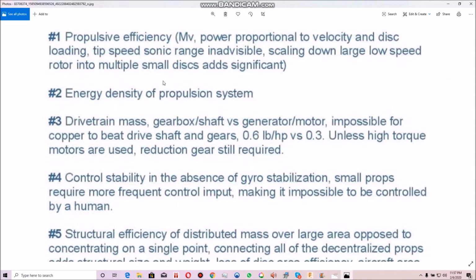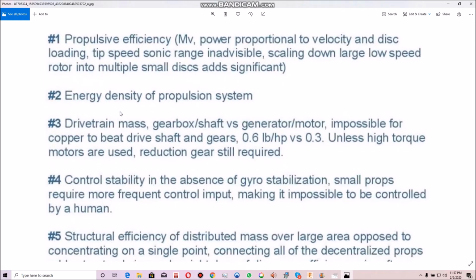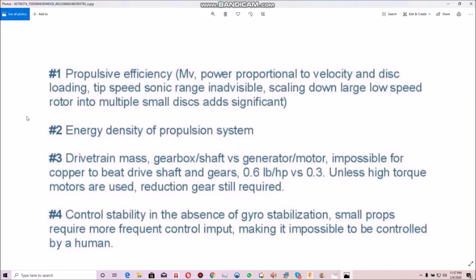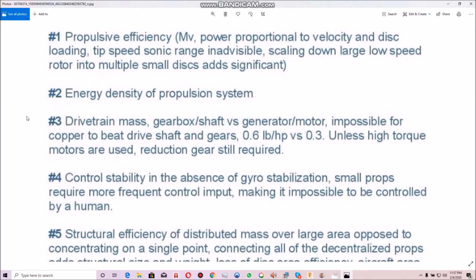But energy density of the propulsion system, I skipped over this in the beginning because it's so obvious that a lithium system is going to have a problem. I mean, kerosene is 43 megajoules a kilogram, you multiply that by 25%, your brake thermal efficiency of a small turboshaft. Well, you're still looking at 42.8 megajoules times 0.27 per kilowatt.